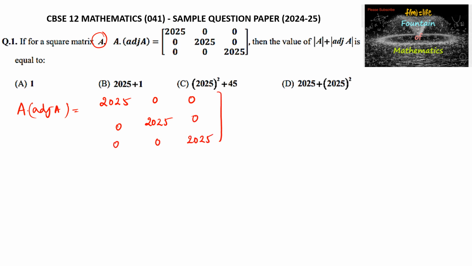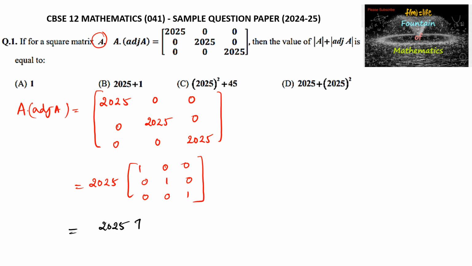On the right side, we can just take 2025 common, and we can write 1 0 0, 0 1 0, 0 0 1, which is an identity matrix of order 3. So we can write 2025 into the identity matrix of order 3.